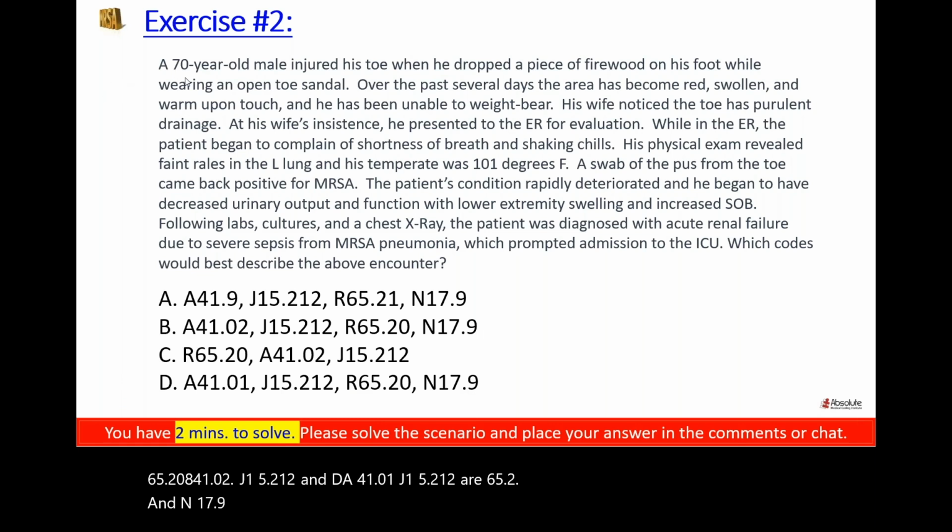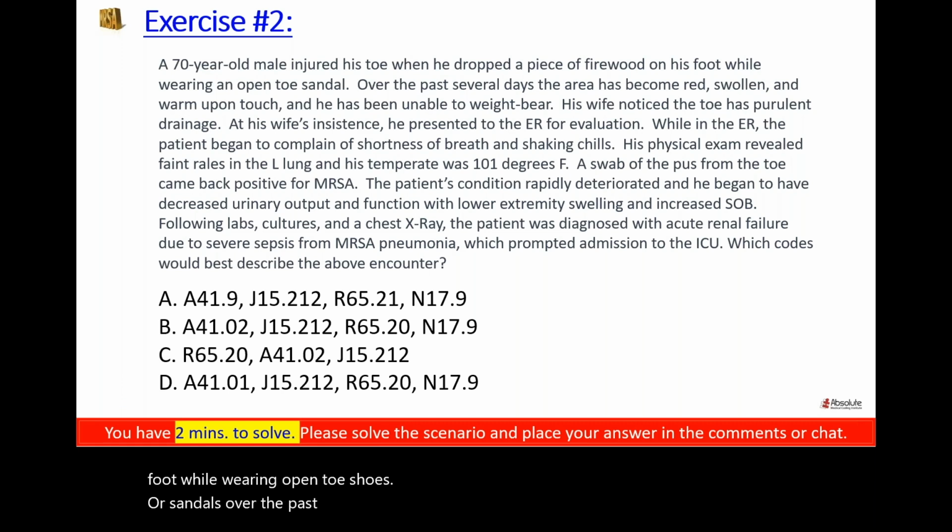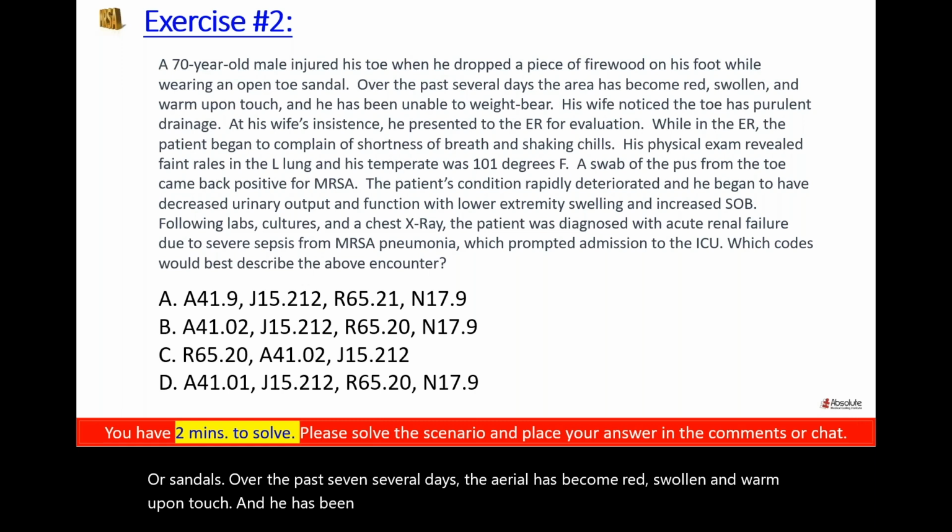A 70-year-old male injured his toe when he dropped a piece of firewood on his foot while wearing open-toe shoes or sandals. Over the past several days, the area has become red, swollen, and warm upon touch, and he has been unable to bear weight. His wife noticed the toe has purulent drainage.